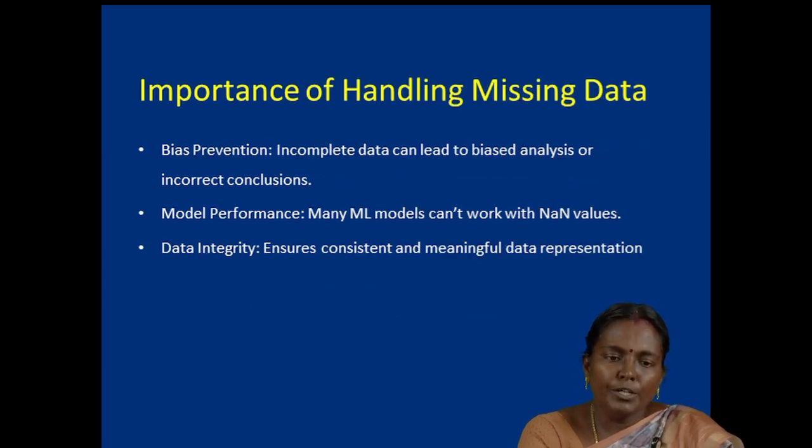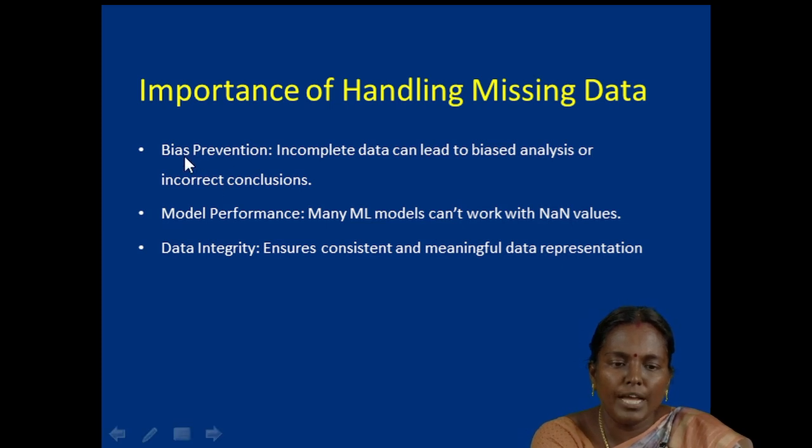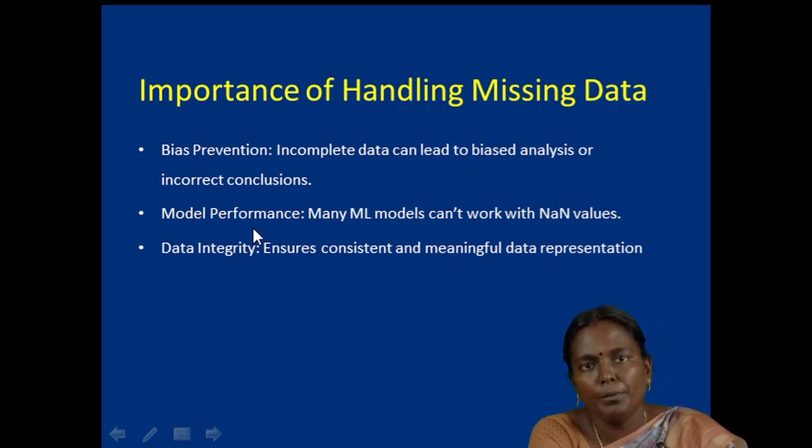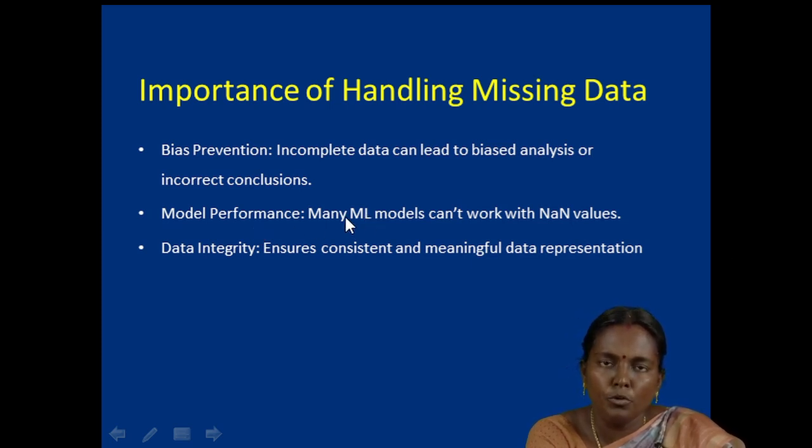So why do we need to handle this missing data? What is the importance? First, we have to prevent the bias that is present in the data. If incomplete data is there, then the analysis may lead to bias. The next one is, if we want the model performance to be high, then our data should be clean. So the cleaning process should take place before giving the data to a model.